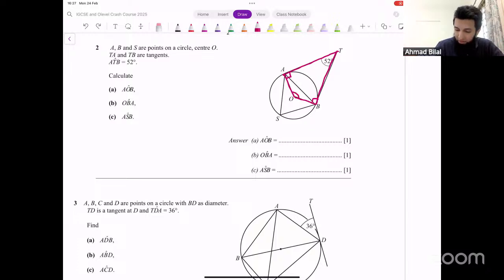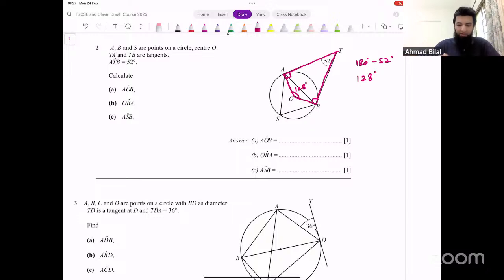This is going to be 180 minus 52, because the sum of all four angles is 360. If this is 90 and this is 90, then these have to add up to 180 as well. So that's 180 minus 52, which gives you 128 degrees.